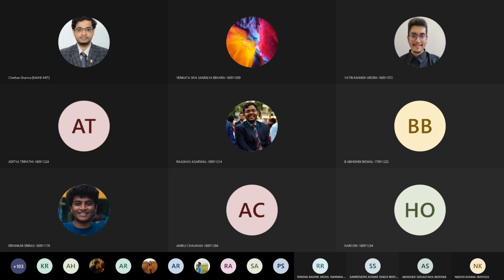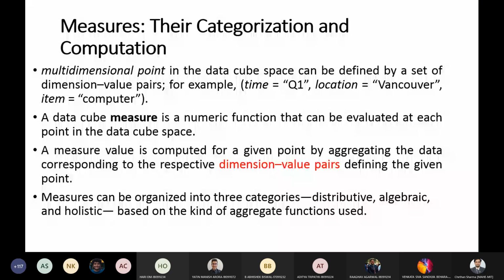Is the PPT visible? Anyone has the PPT visible?